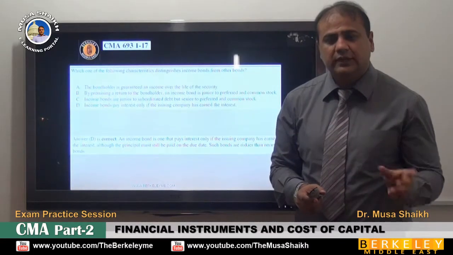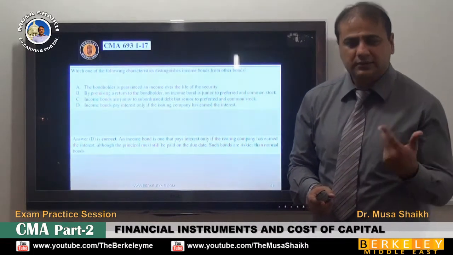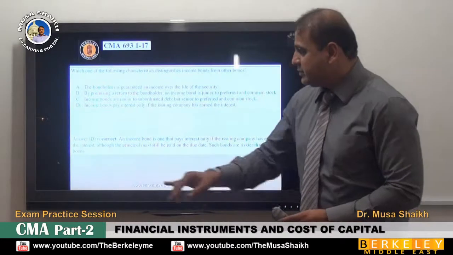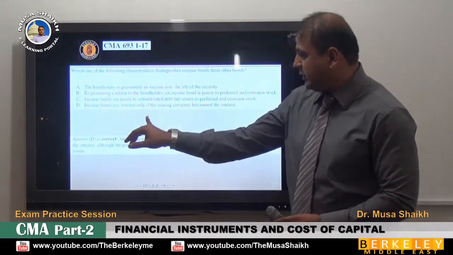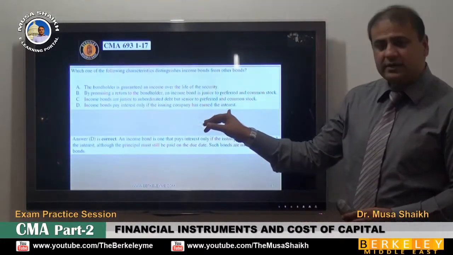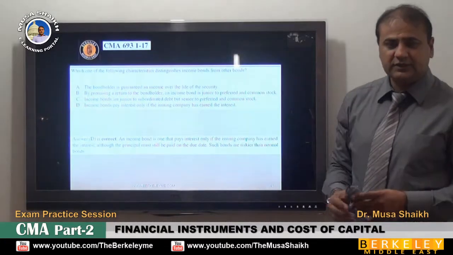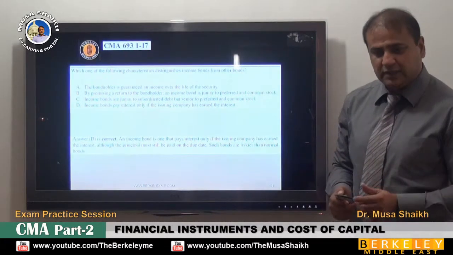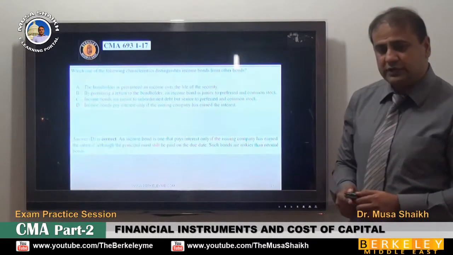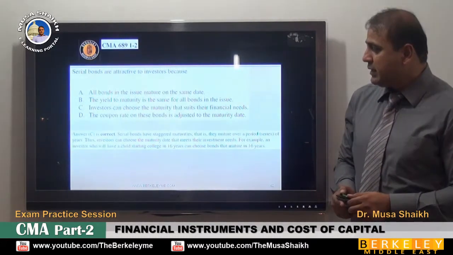So when there is income, you have to pay interest. Income bonds pay interest only if the issuing company has earned the income. This is the difference between income bonds and other bonds.